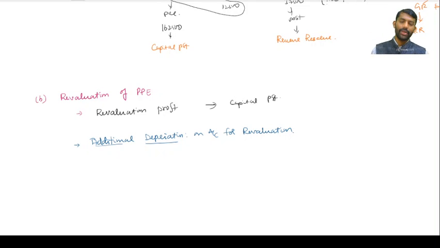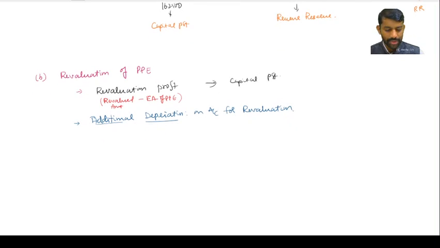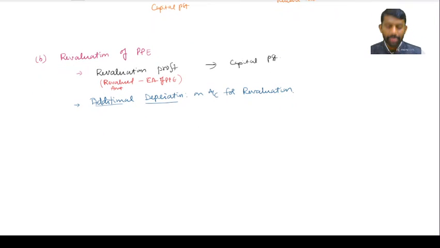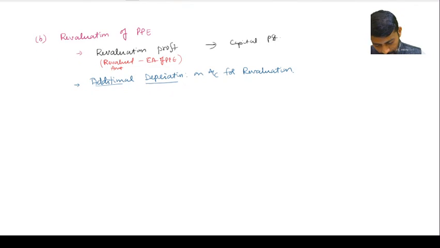So revaluation profit, first you have to compute, that is on the date of acquisition, what is the book value, carrying value. What is the revaluation profit formula? Revalued amount minus carrying amount of PPE is the revaluation profit, which is completely capital profit. So additional depreciation, how will it come?